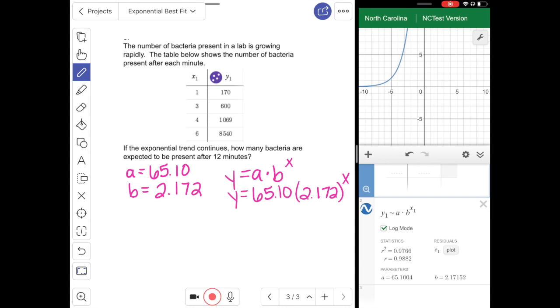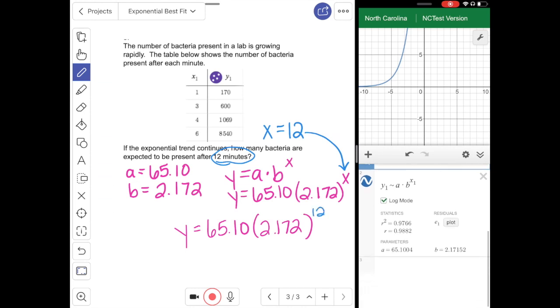Okay? So then it asks us to make a prediction. It asks us to predict how many bacteria will be present after 12 minutes. So minutes is an x value. We're going to take 12 and plug it into the x spot. We're going to substitute that there. All right, so I have y equals 65.10 times 2.172, and we're going to raise that to 12.